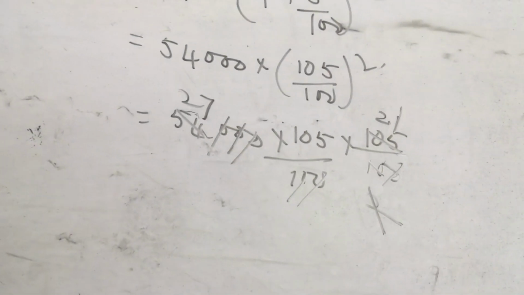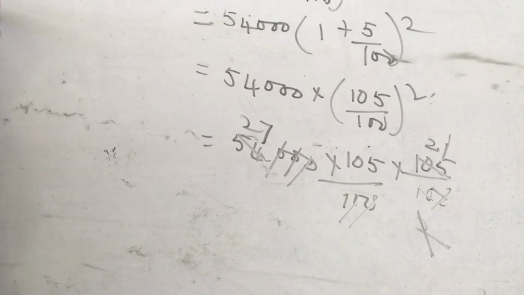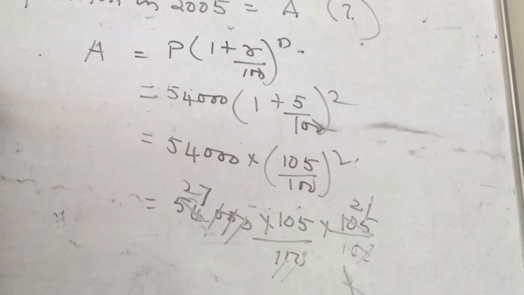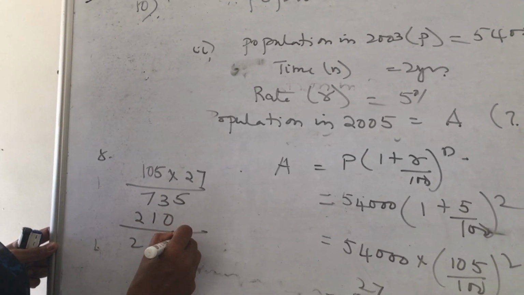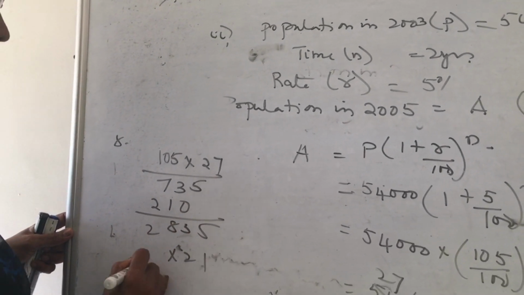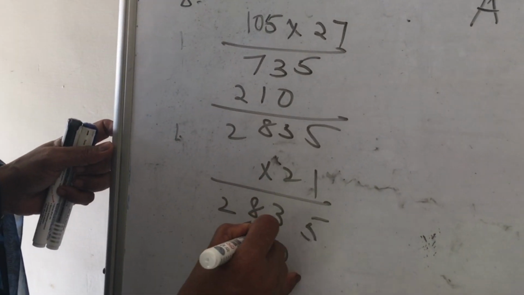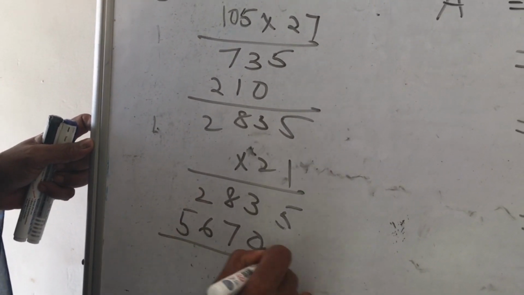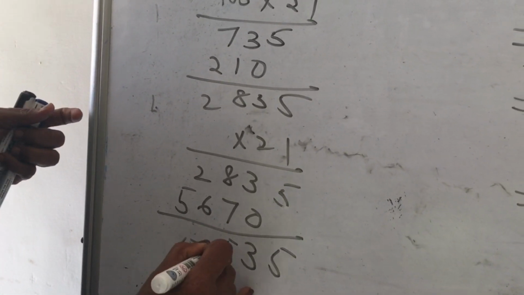Multiply 105 into 27. 735, 210. 2835 into 21. 3, 8, 2, 7, 56. 5, 3, 15, 8.